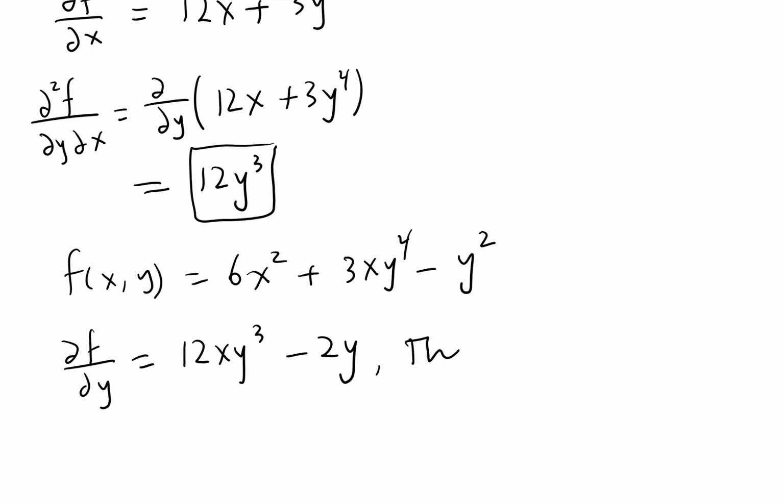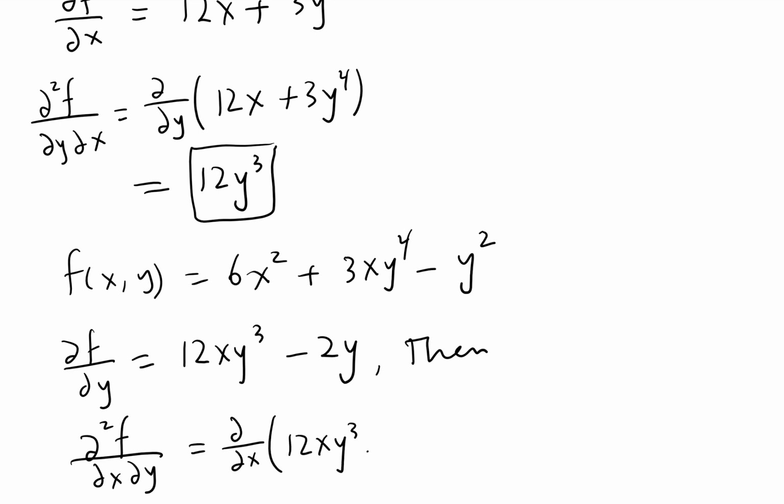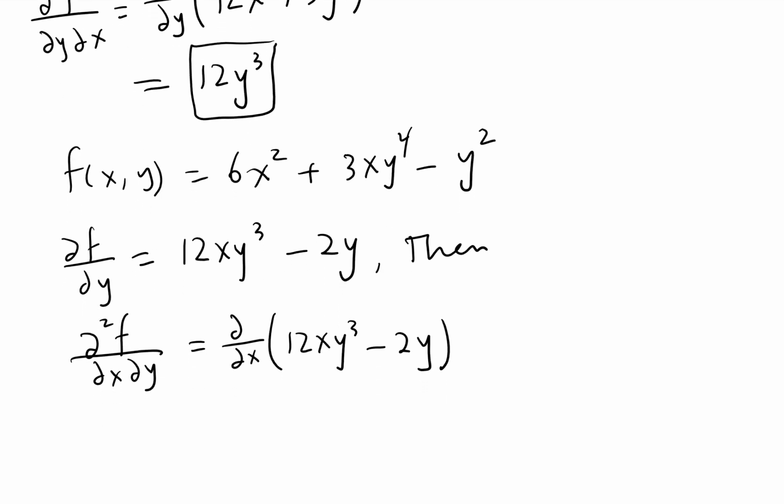Then the second derivative, xy, is basically we take what we got and find the derivative of this with respect to x. So first we do it for y, then x. For x, this would be just 12y cubed.